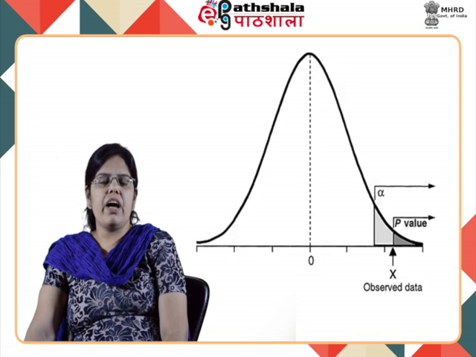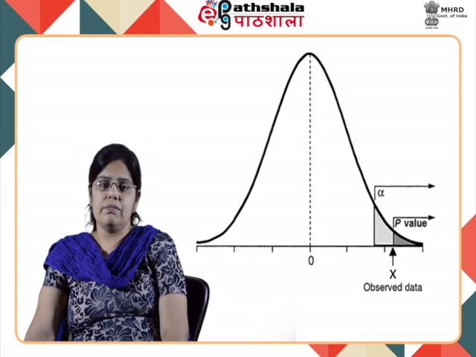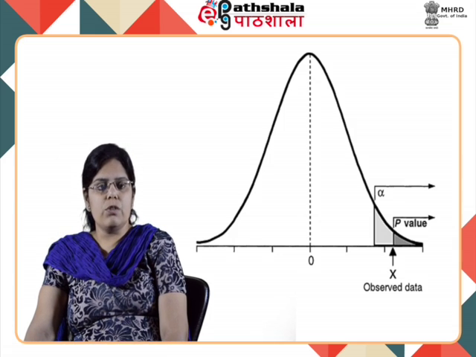Suppose a p-value for a particular statistical test is equal to 0.06. Then this means that results from the particular sample would occur by chance alone 6 times out of 100. Consider if the p-value equals 0.50.